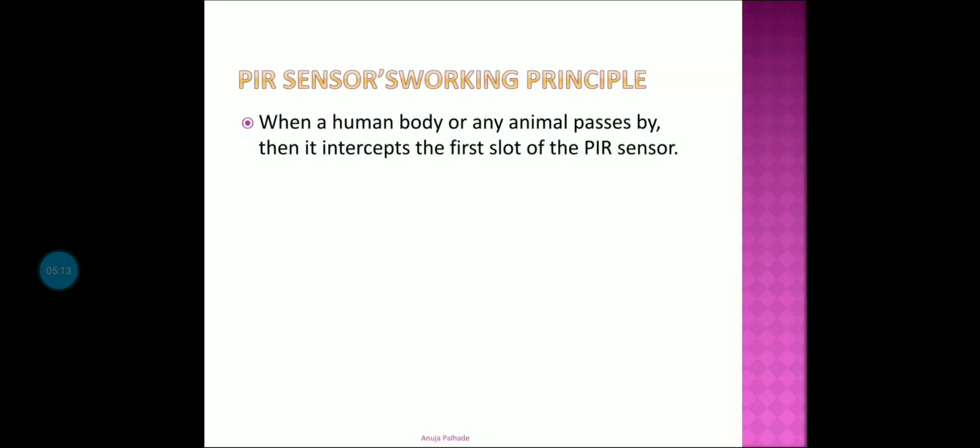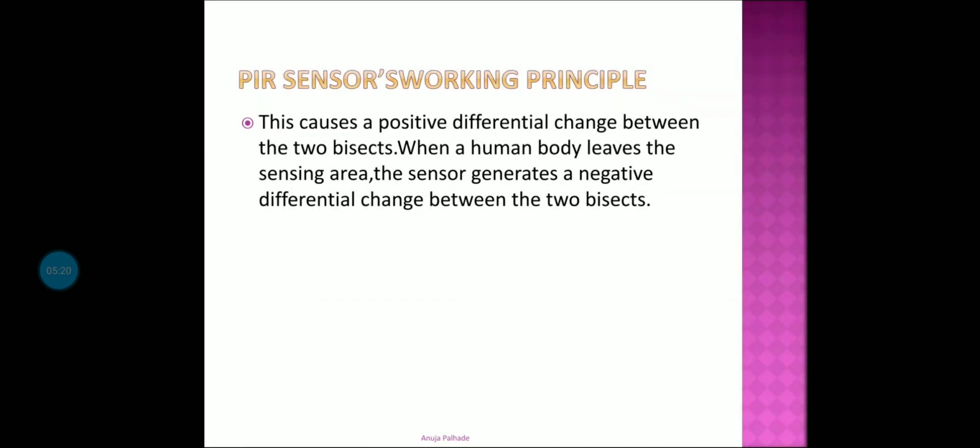When a human body or any animal passes by, it intercepts the first slot of the PIR sensor. This causes a positive differential change between the two halves. When the human body leaves the sensing area, the sensor generates a negative differential change between these two.